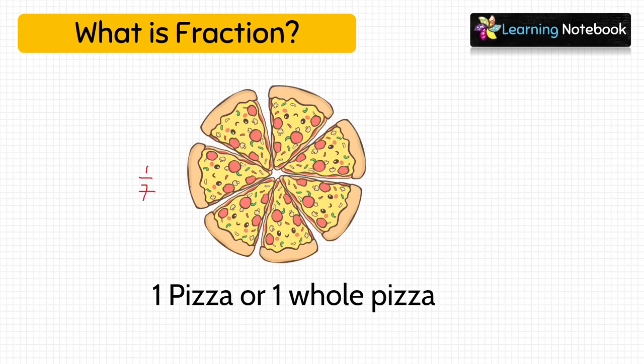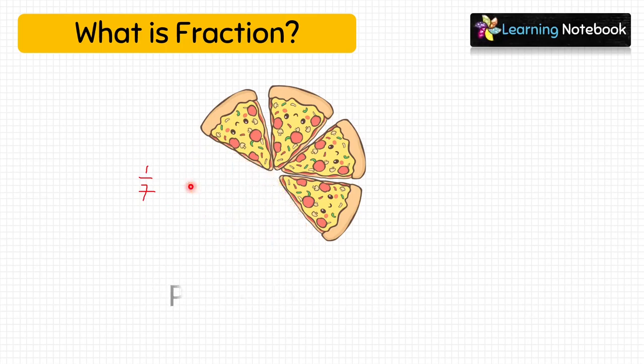Now suppose we ate 3 parts of this pizza. Then what is the fraction of pizza which has been eaten? It would be 3 by 7.